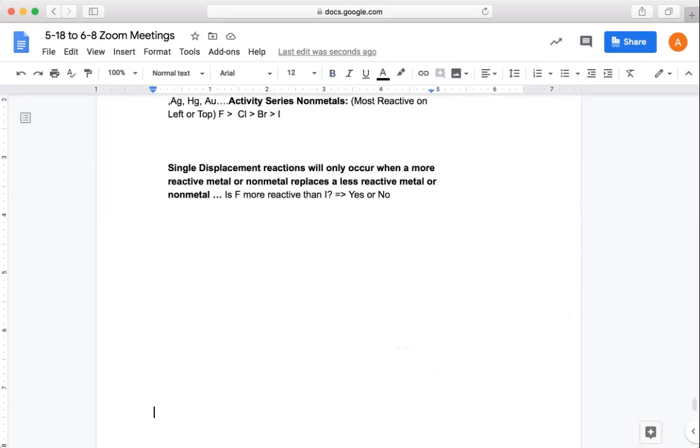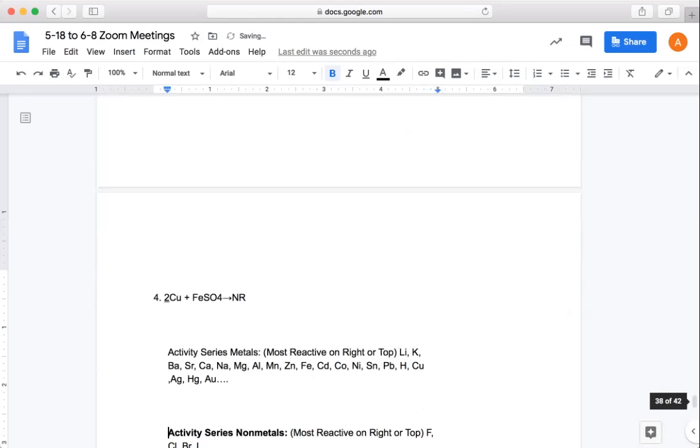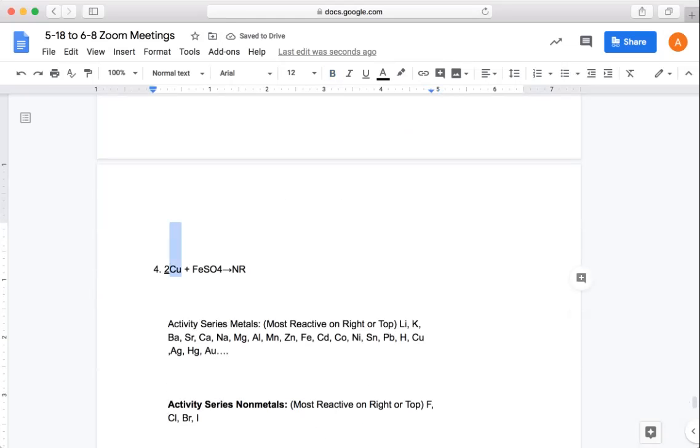Moving on, this is another example. Here we have copper, which is a metal, and is going to react with iron sulfate. Iron is also a metal, so here we have to ask ourselves, is copper more or less reactive than iron? Iron is here on the activity series, copper is here.